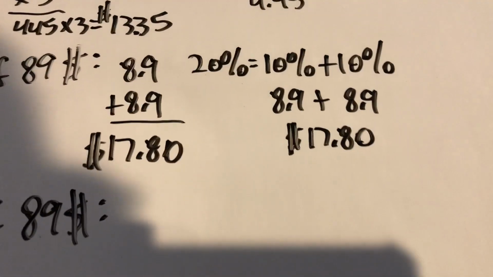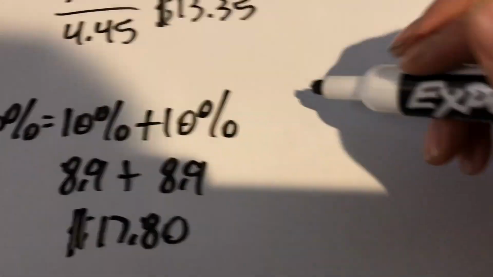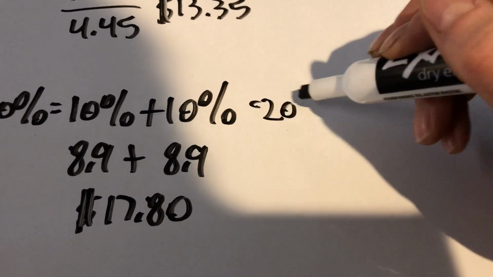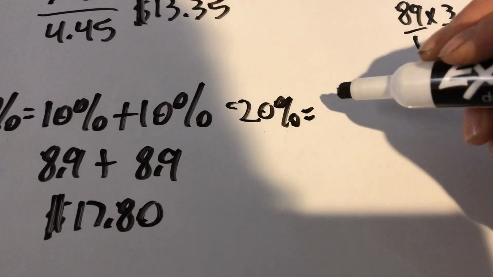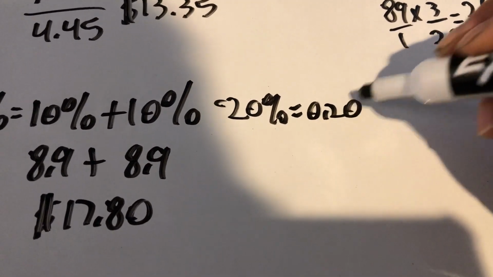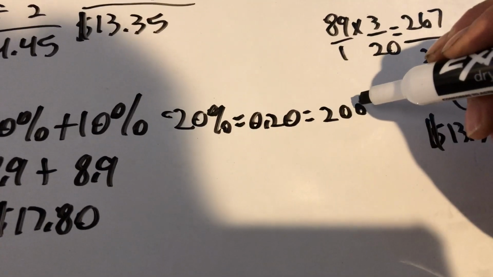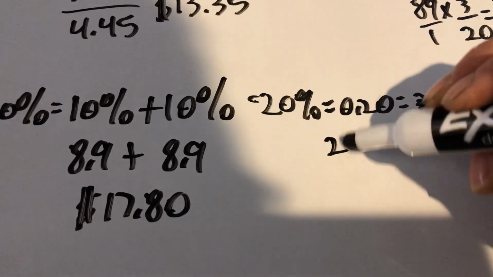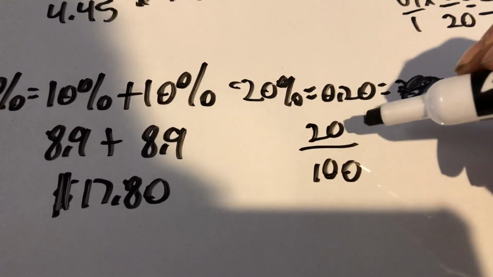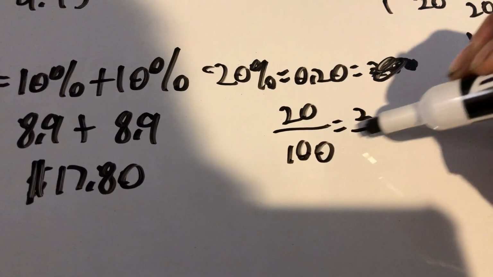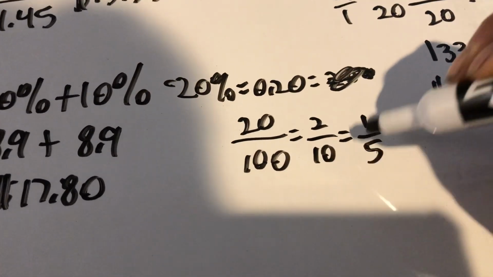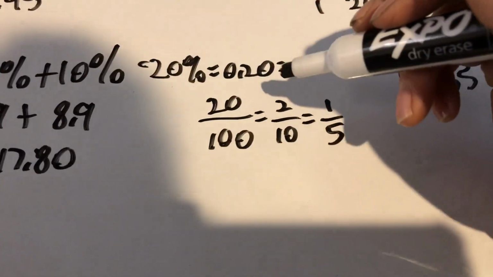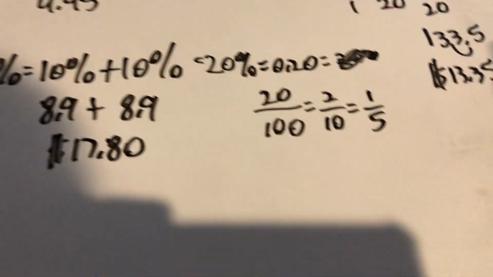Or there's another way you can do this. For a 20% tip, you can imagine 20%, which equals 0.20, which equals 20/100ths, and you can reduce that to 2/10ths, which is reduced also to 1/5. So the next step is to multiply $89 by 1/5.